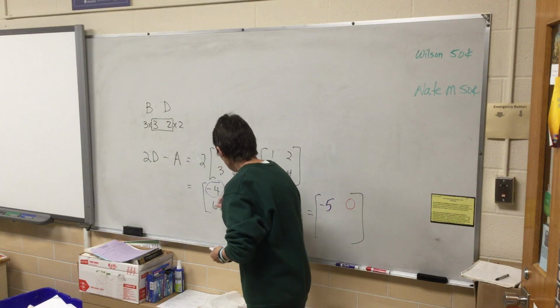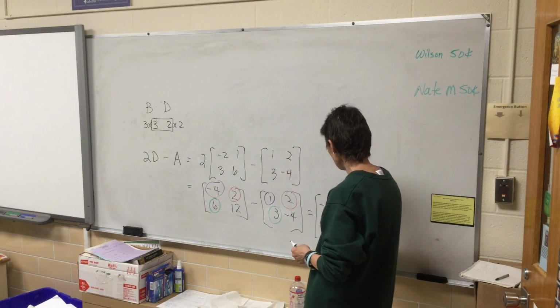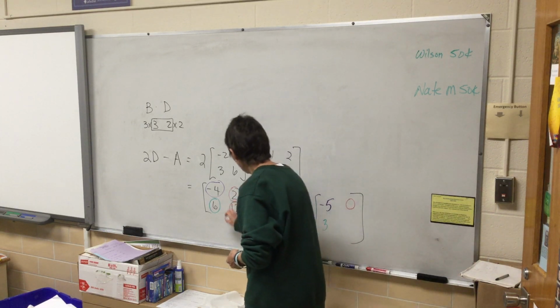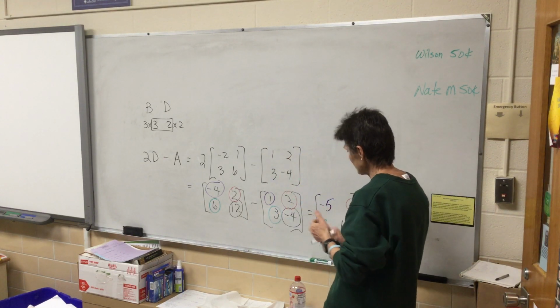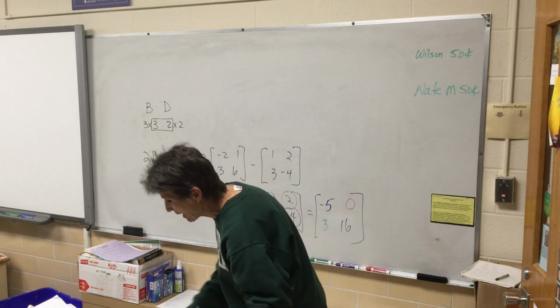Then I'll do 6 minus 3, so that'll be a 3. And then I'll do 12 minus -4, which would be 16. Does anybody have a question about that?